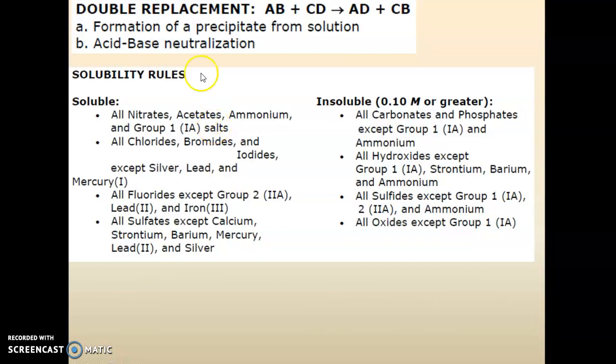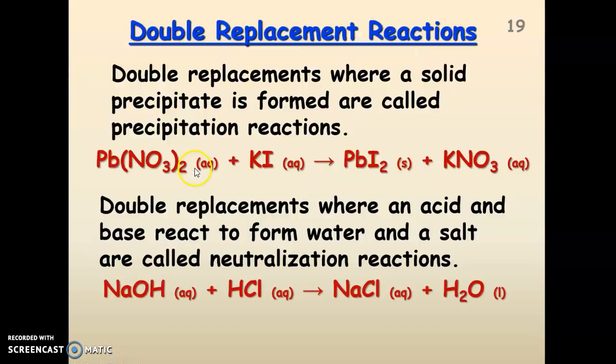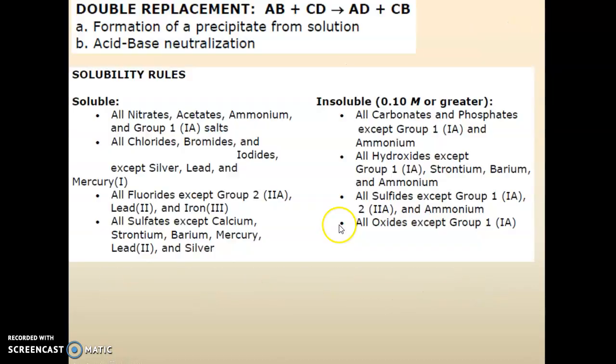Now, in order for a precipitate to form, you have to have something form that is insoluble. So to do that, you'll consult the solubility rules on page 6 of your reference table. Notice that lead iodide that we looked at on the previous slide. If you look at the solubility rules here, it says that soluble compounds include all chlorides, bromides, and iodides except silver, lead, and mercury 1.